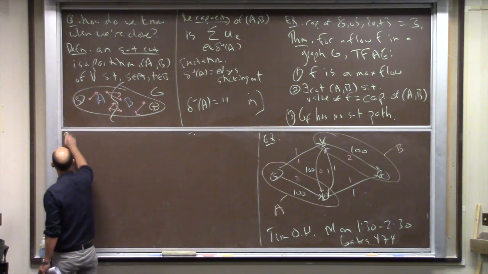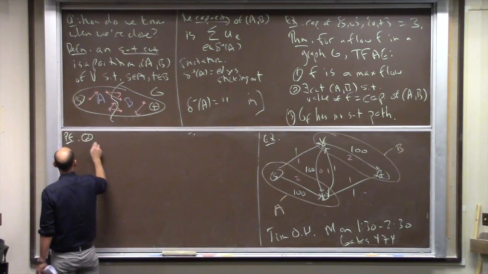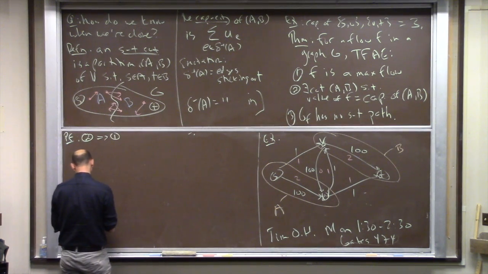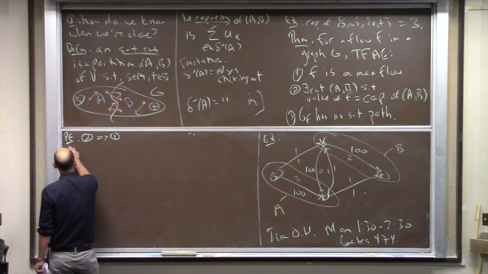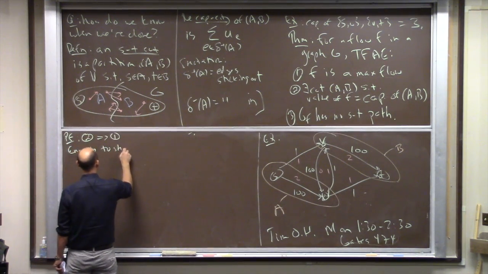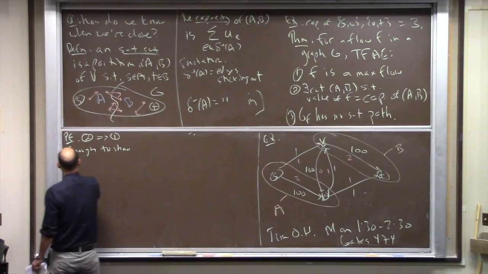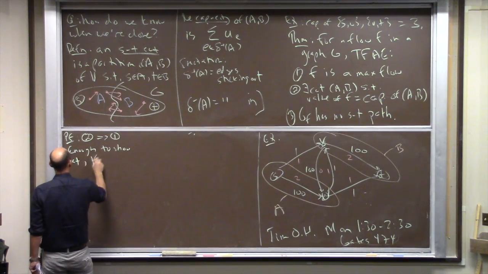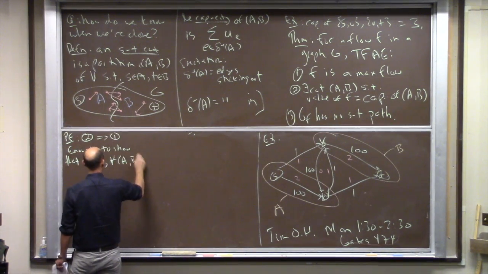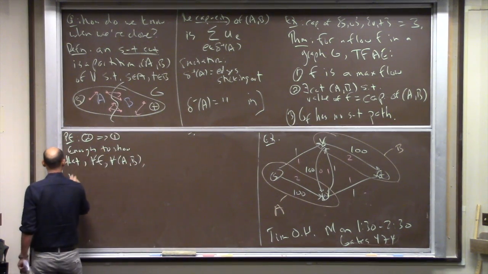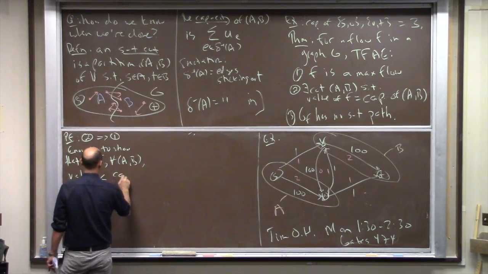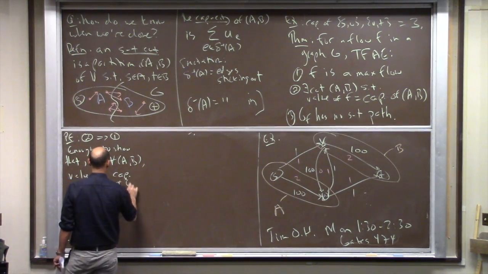All right, so proof. So the first step, 2 implies 1. Okay? So the claim here is that for this implication, it's enough to show that for all flows F and for all ST cuts AB, the value of F is at most the capacity of the cut.